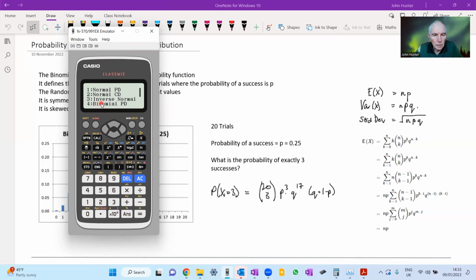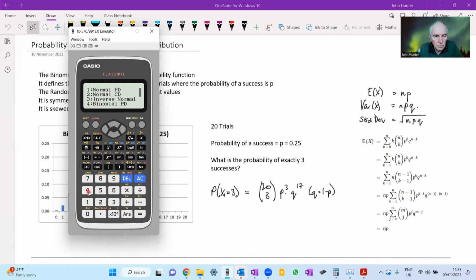And then we are using the binomial probability distribution. There is also a cumulative one, which we would use if we're looking for the probability of at least 3 successes or more than 5 successes or something. But we're just looking at this binomial here.